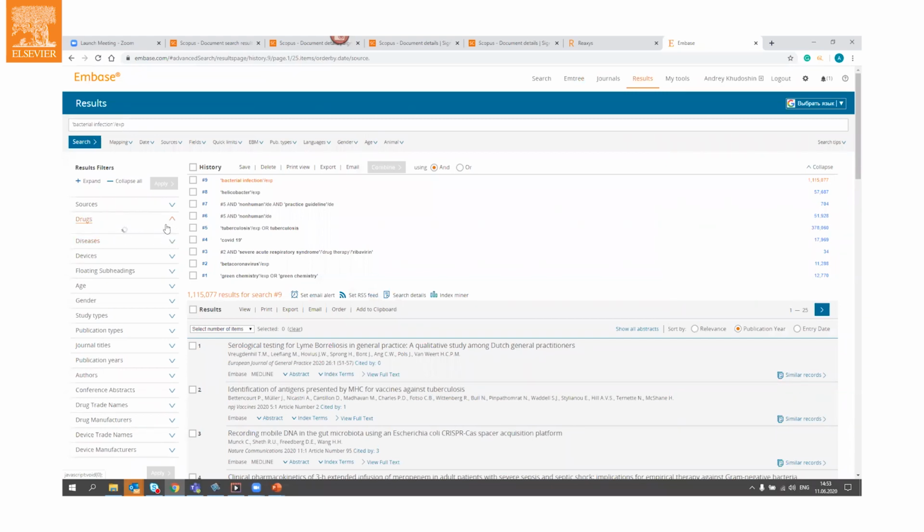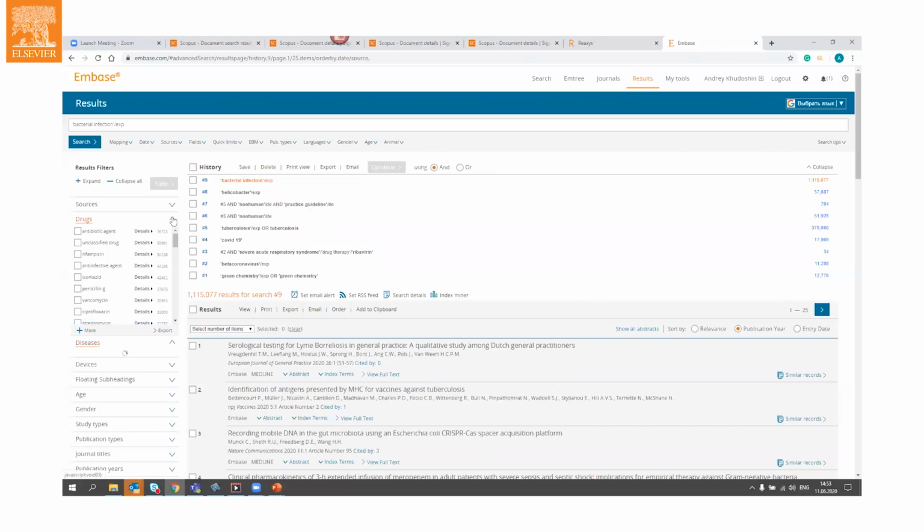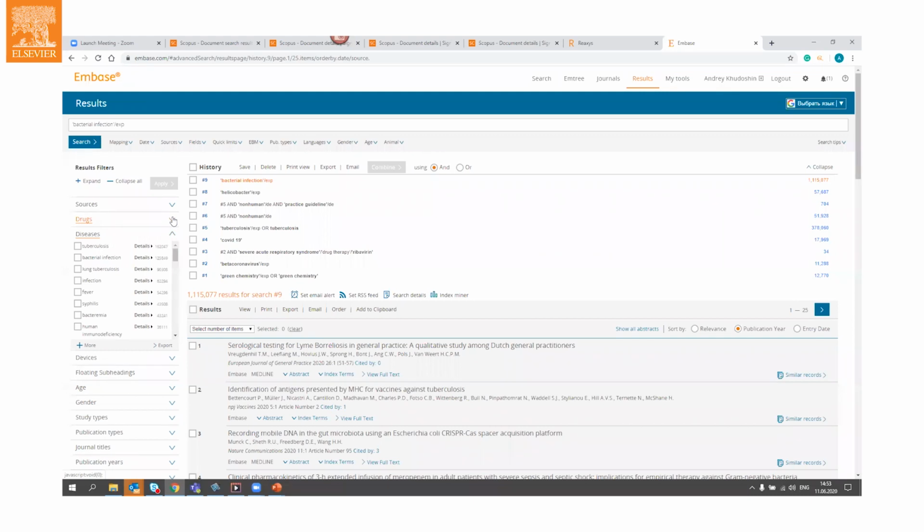All drugs mentioned with bacterial infection are available here, but from disease filters, you can see the different drugs which were used against some particular disorders. For example, tuberculosis, human immunodeficiency virus, staphylococcus, pneumonia. For sure, different drugs can be used against different bacterial infections.